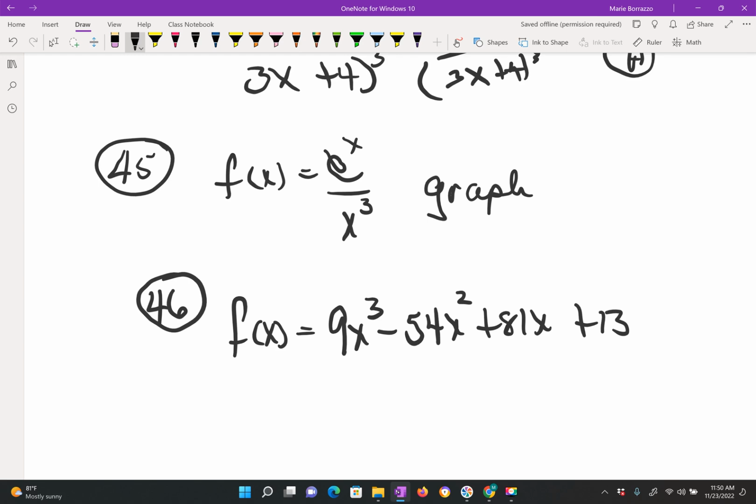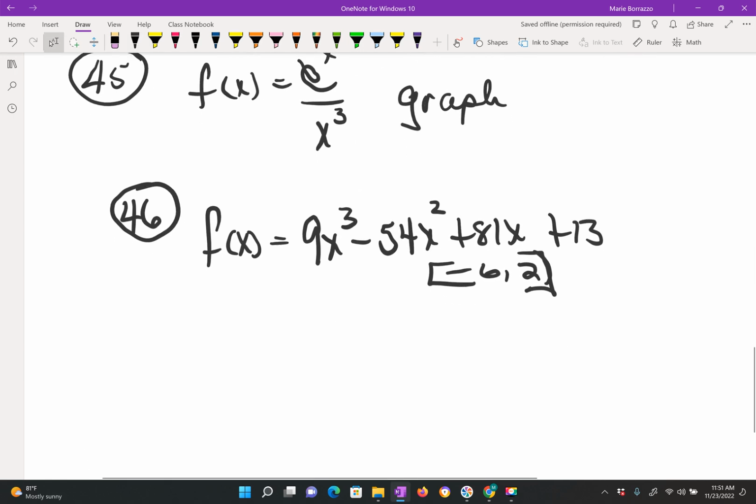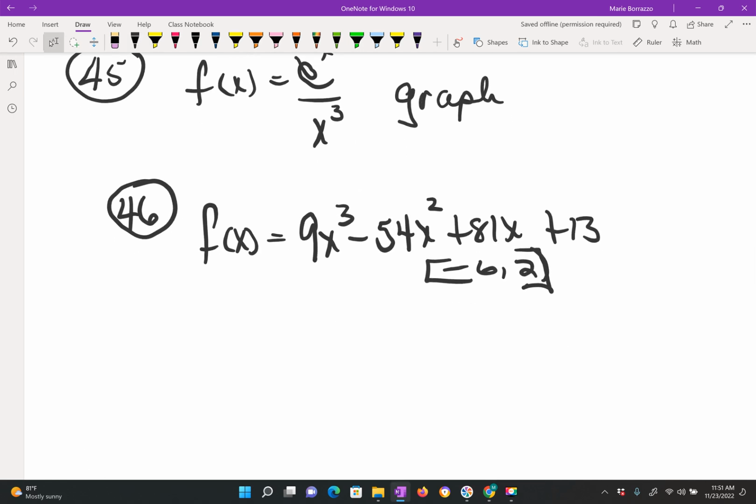They want you to look at it in the interval between x is -6 and 2, so inclusive. So you could throw this into y equals and solve for it that way in the calculator. So let's take a look and see if that works for us, if it's something you could potentially do.